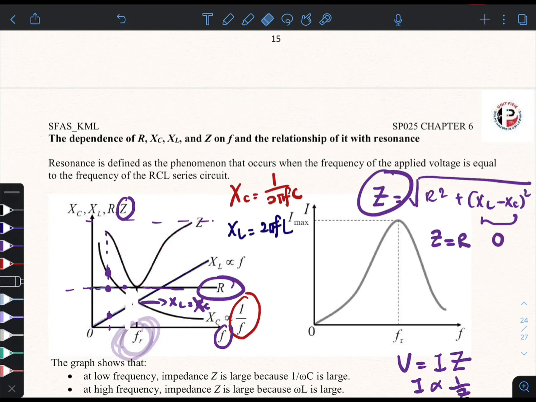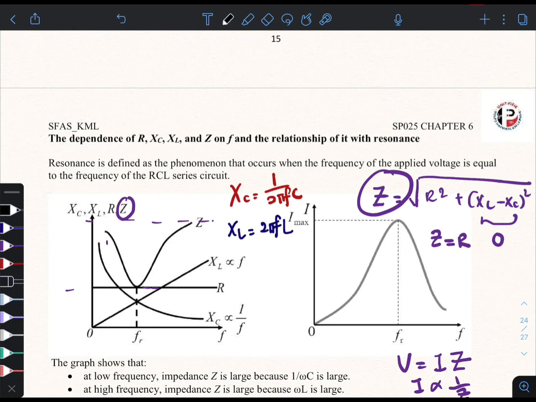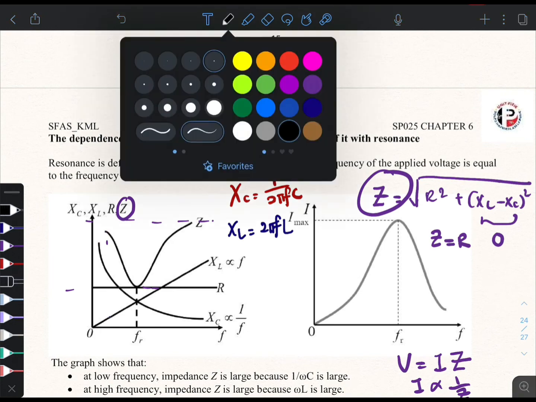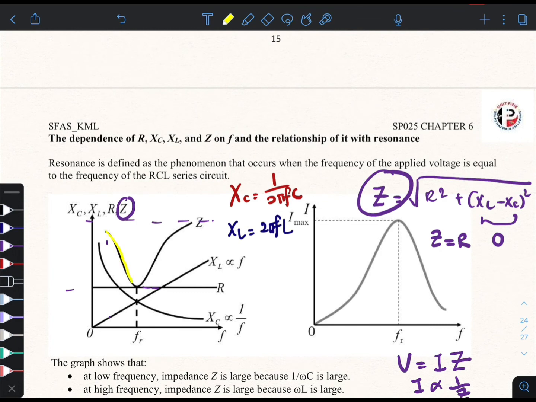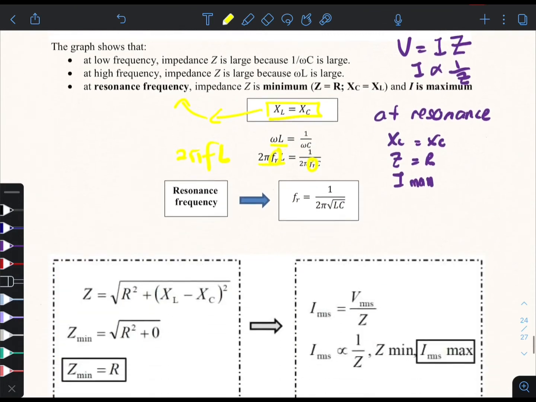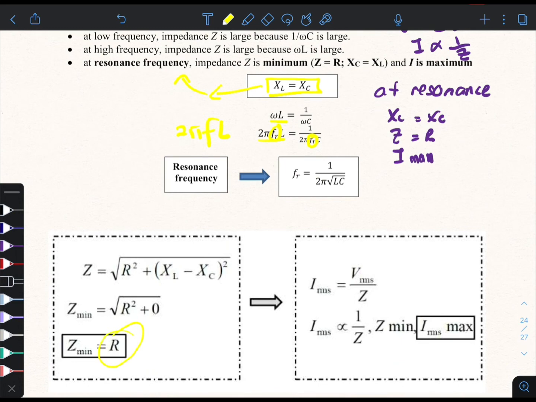Kalau tak percaya, tengok dekat graph ni itself. The value yang paling rendah your Z can reach adalah, because as you can see here, nilai Z adalah from here, dia patah balik naik sini. So, paling maximum dia adalah dekat sini. This is the maximum value. This is the minimum value for your Z. Okay, Z minimum occur at the value of the resistance.